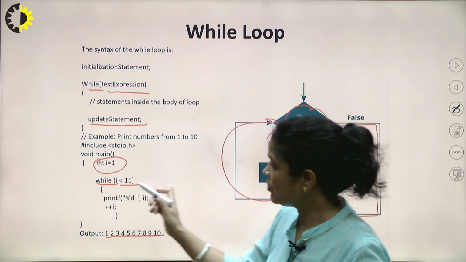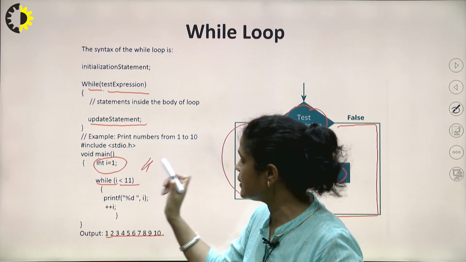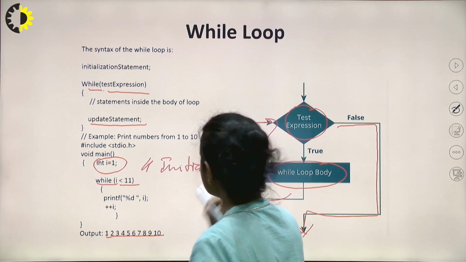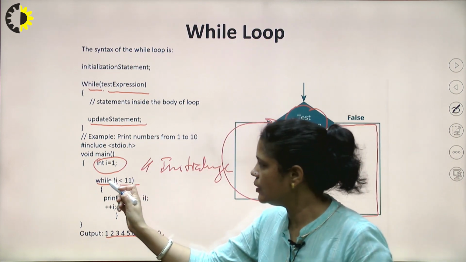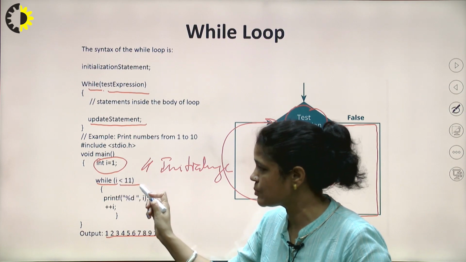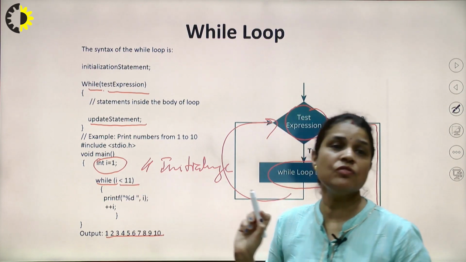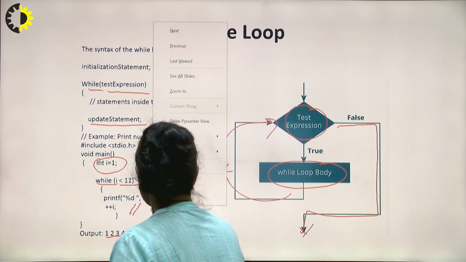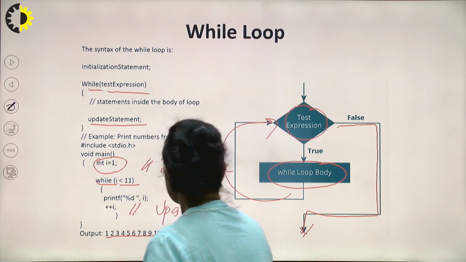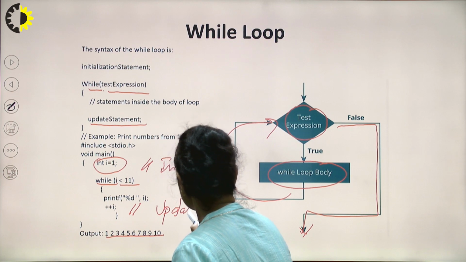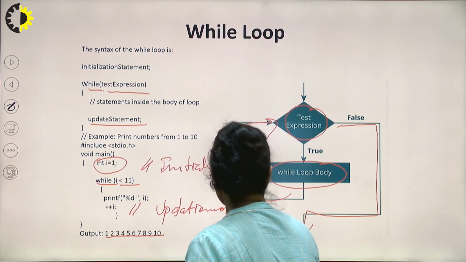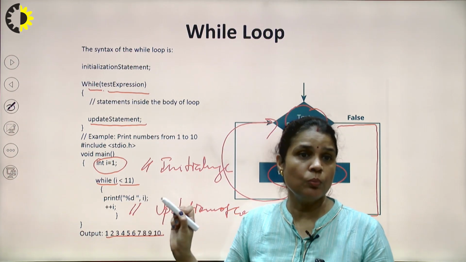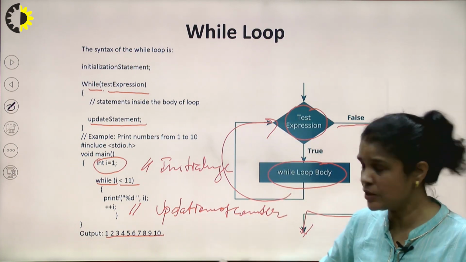But with the while loop, we initialize the counter here, and then we write the test expression on the counter with the while keyword. And the updation of the counter is here, as the last statement of the loop body, so that for the next iteration it is updated.